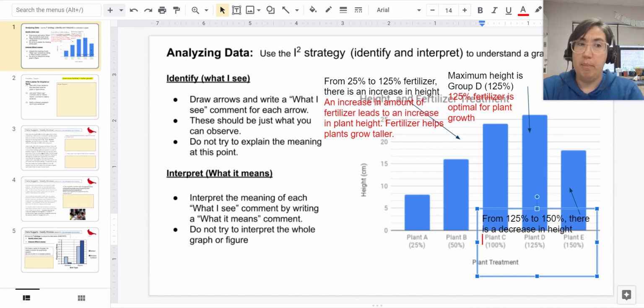So my assumption is that too much fertilizer does not lead to more plant growth.